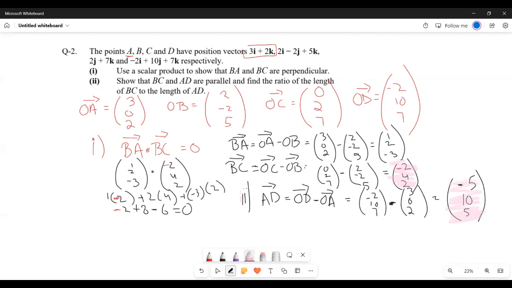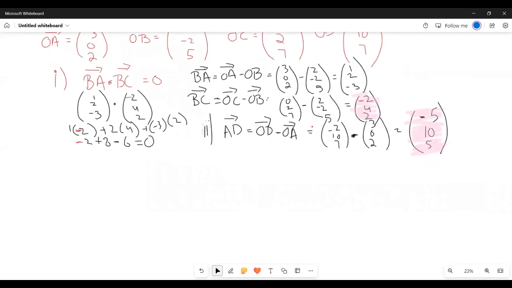Okay. We have to show that AD and BC are parallel. What do you remember from O levels? When are two vectors parallel? If two vectors are parallel or collinear, for example, here's a vector A and here's a vector B, or here's a vector C and here's a smaller vector D, then they are scalar multiples of each other.